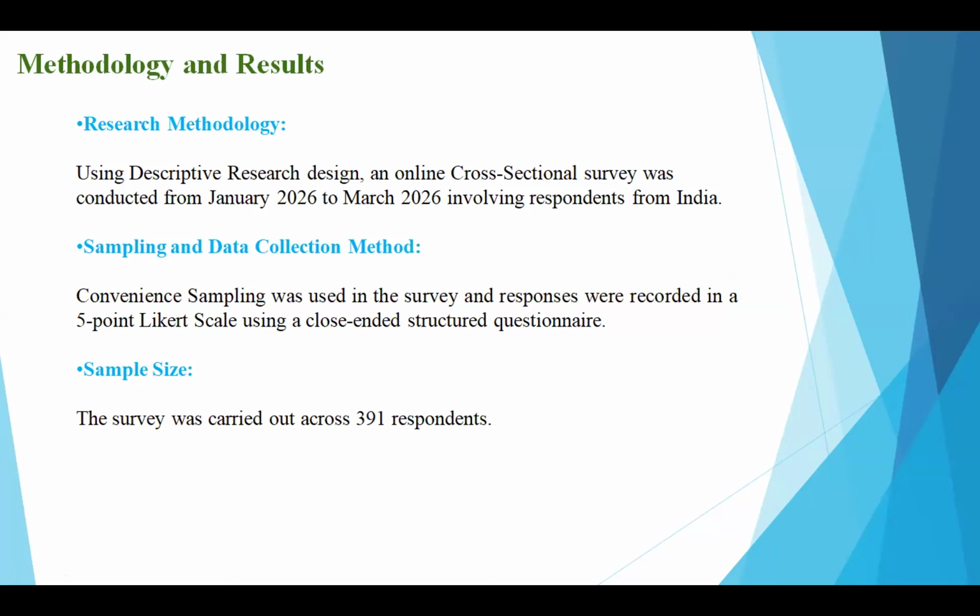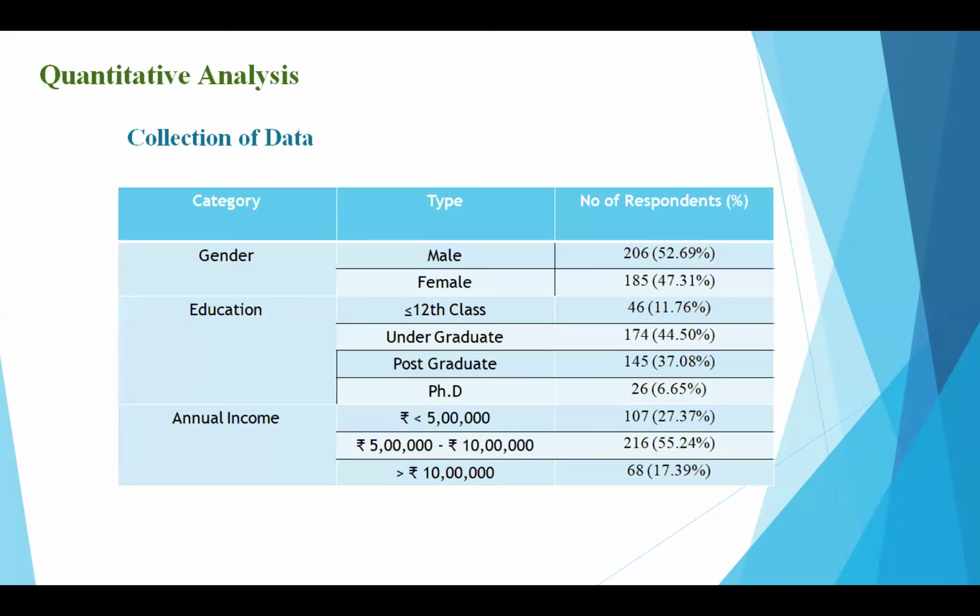Using convenience sampling, we surveyed, and responses were recorded on a 5-point Likert scale using a close-ended structured questionnaire. This is the demographic profile of our respondents. There are two genders, 206 male and 185 female. Education background ranges from less than class 12 to PhD, and annual income background from less than 5 lakh to more than 10 lakh.